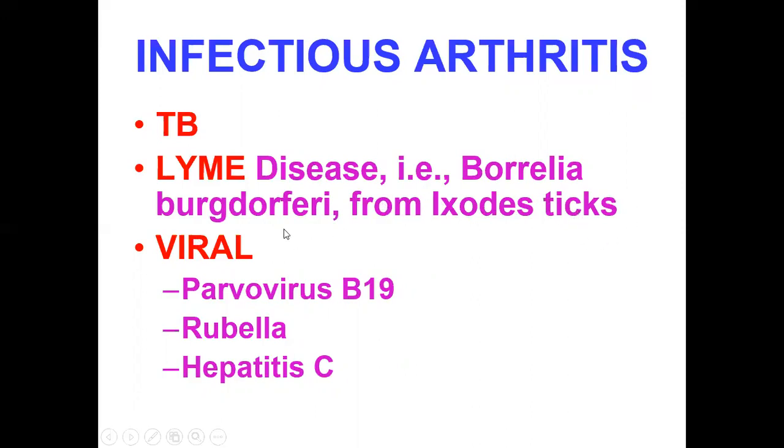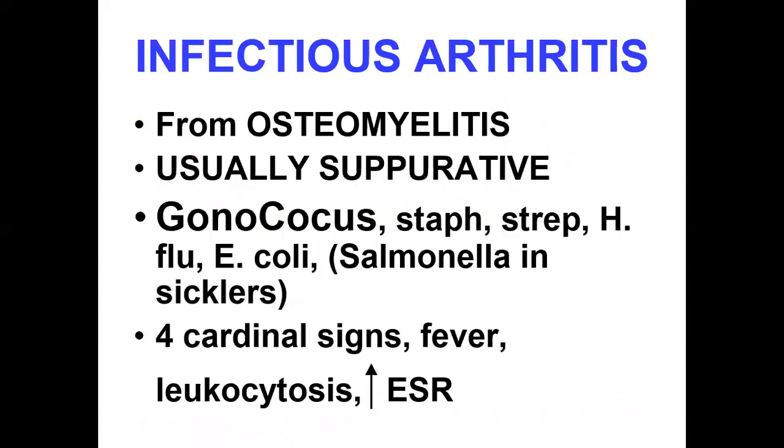Then certain viruses may produce viral arthritis: parvovirus B19, rubella virus, and hepatitis C or B virus. So that is about infectious arthritis.